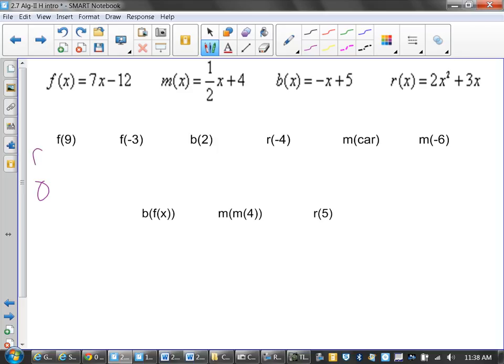So f of 9 is 7 times 9 minus 12. What do you get? 51. So f of 9 is 51. Does that make sense? All you're doing is this is just a fancy way of writing out direct substitution.